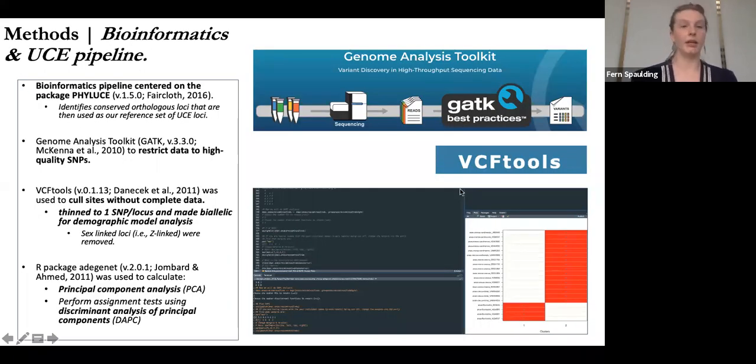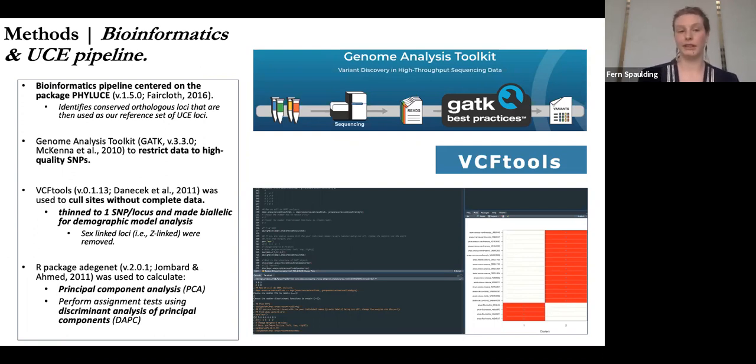Continuing with more bioinformatics, our bioinformatics pipeline centered on the package Phyluce, again developed by Brant Faircloth. Phyluce identifies conserved orthologous loci that are then used as a reference set of UCE loci. SNP calling was done using Genome Analysis Toolkit, or GATK, which was also used to restrict data to high-quality SNPs.